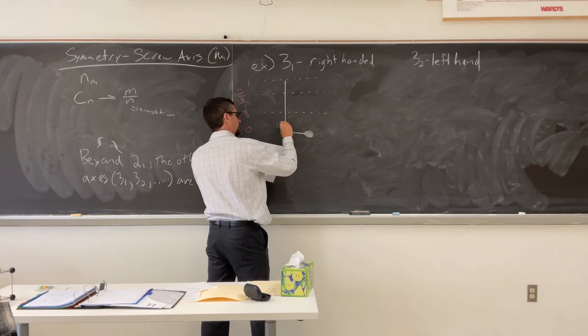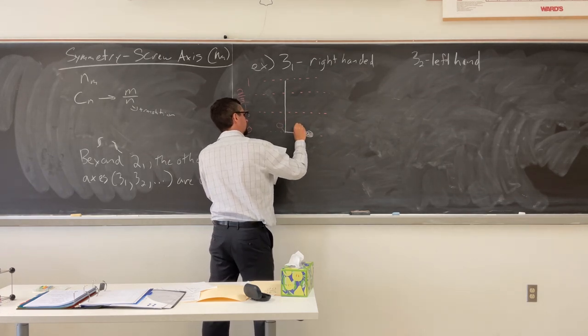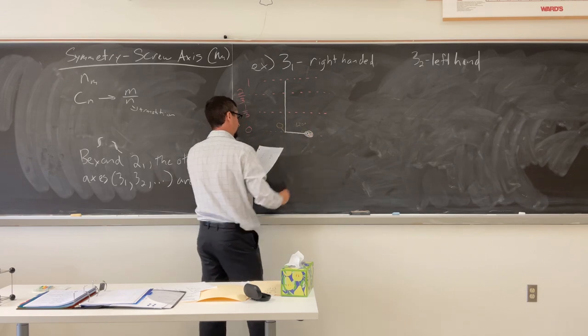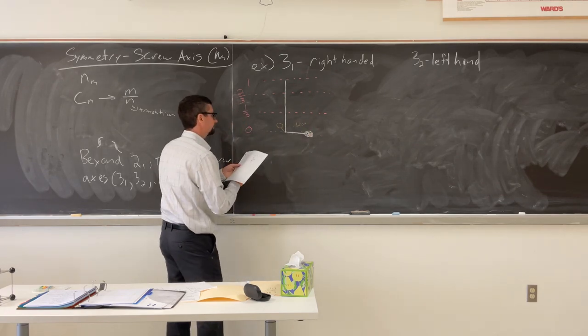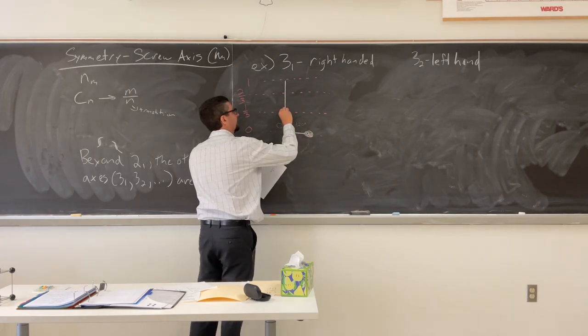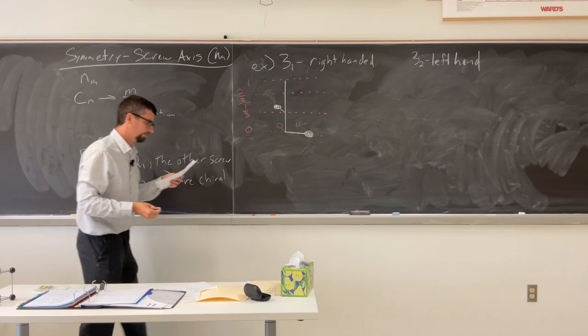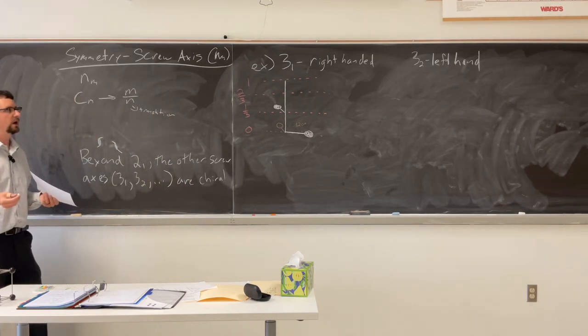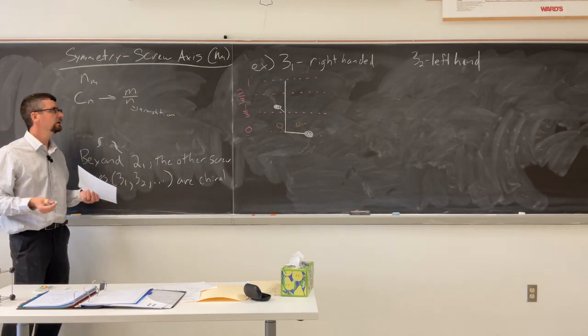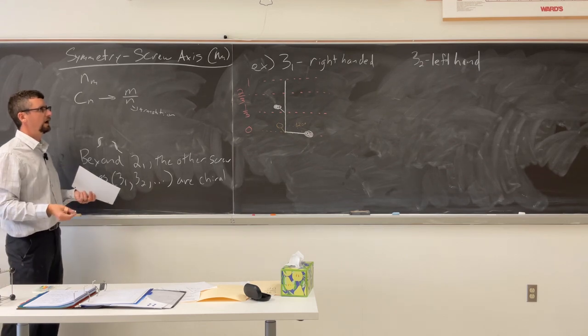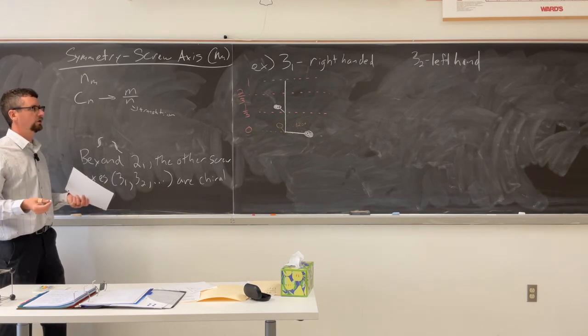That's where our imaginary one is. And up at the 1/3 line, we're going into the plane of the board. Okay, we have to do another translation of a third, followed by another 120 rotation.